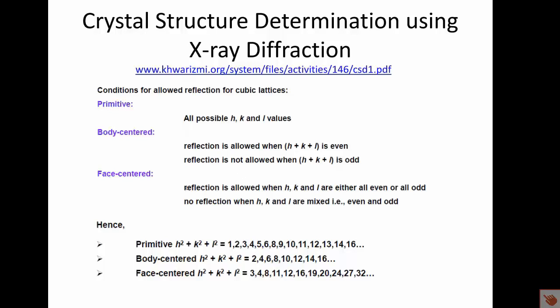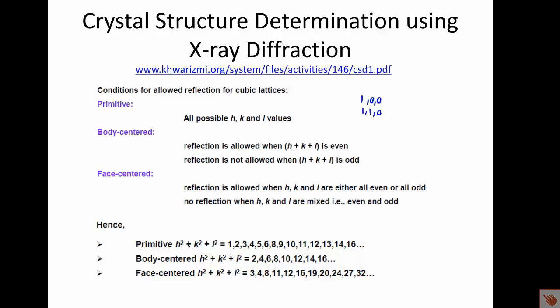So these are selection rules. In a primitive cubic, all possible values of H, K and L are possible. So we can have, for instance, 1, 0, 0, 1, 1, 0, etc.